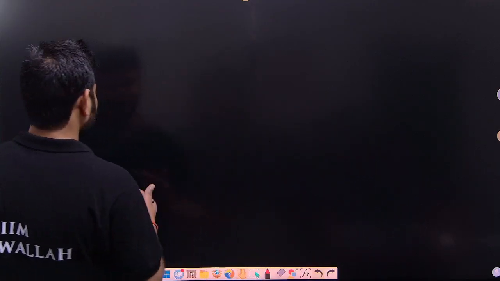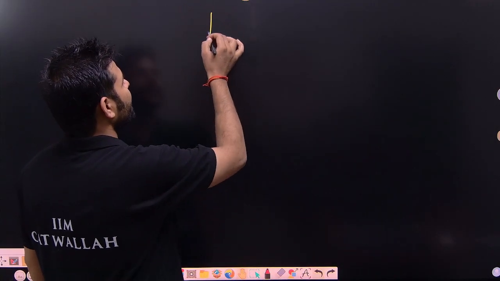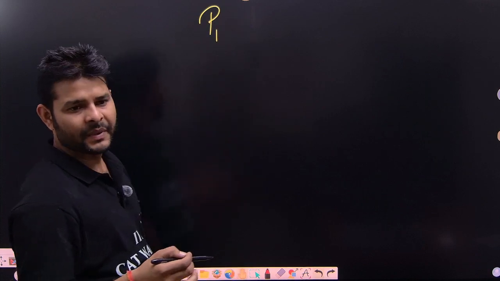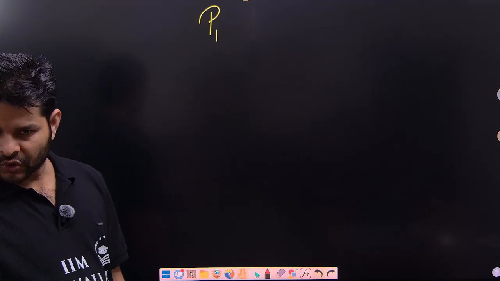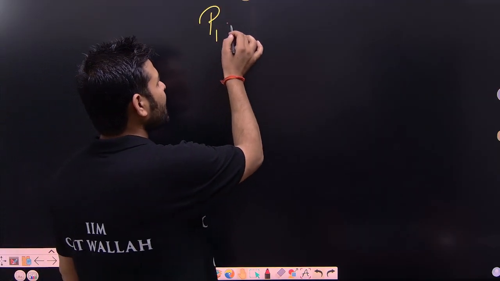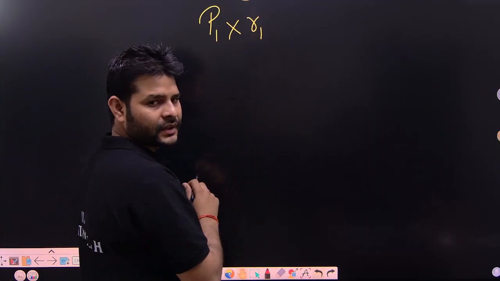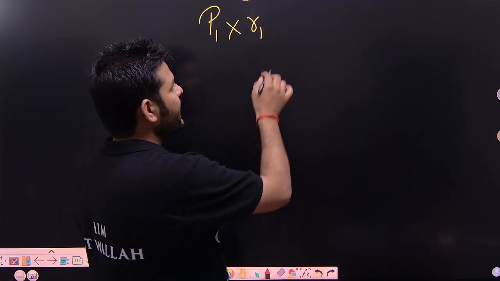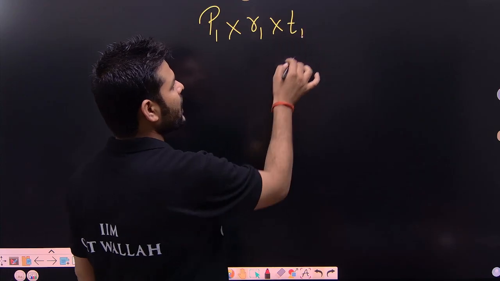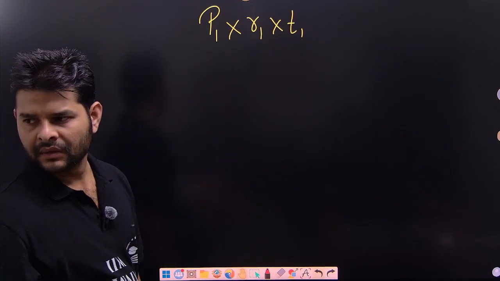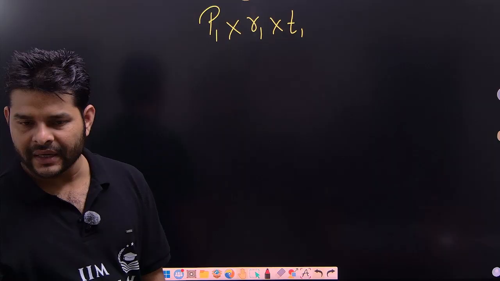The formula would be, we have principal P1. P1 means the first part of the total principal at R1 rate percent, and for T1 years. The rate of interest is different and the time would be different.